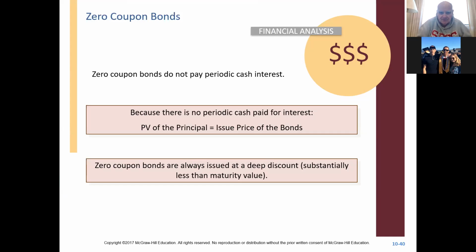Zero coupon bond means there is no cash payment made, just the payment at the end. The issue price is going to be the present value of the principal. And because there's no interest being paid, you usually get a higher interest with a zero coupon bond.